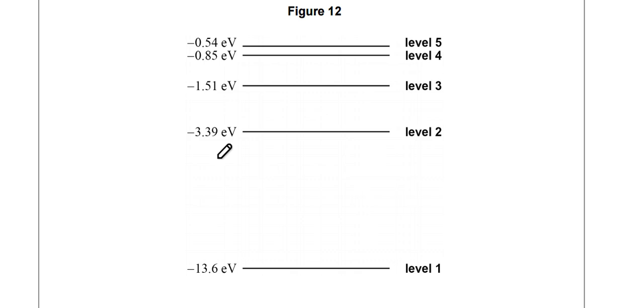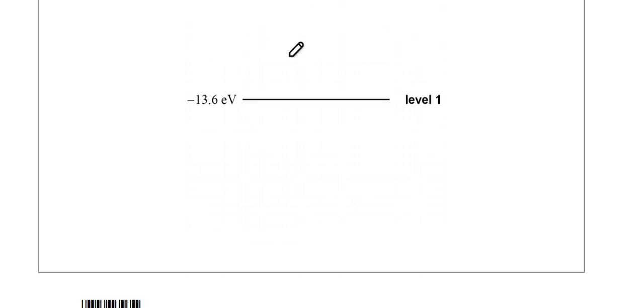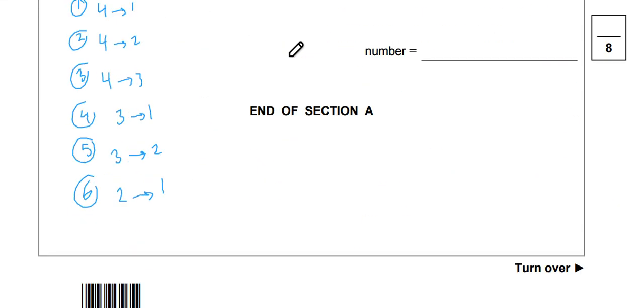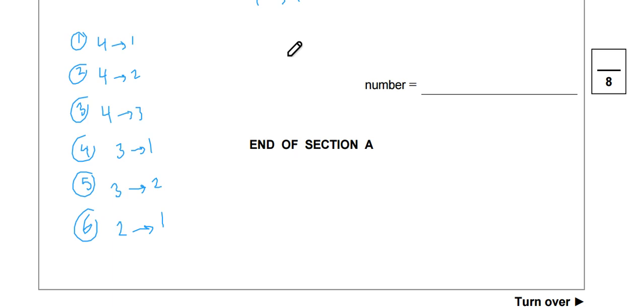When the electron de-excites from level 4, it can de-excite with the possible transitions listed here. Maybe from level 4 to 1, or to 2, or to 3, and after that from 3 to 1, or to 3 and after that to 2, or to 2 and after that to 1.